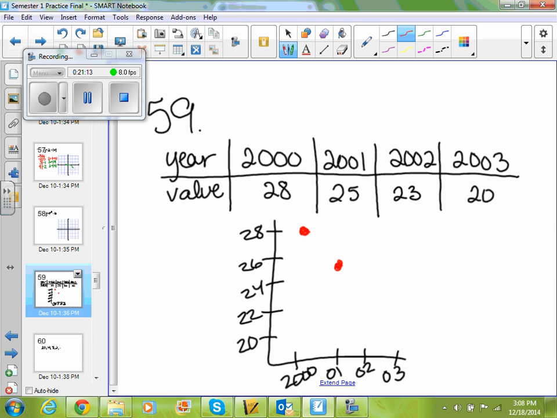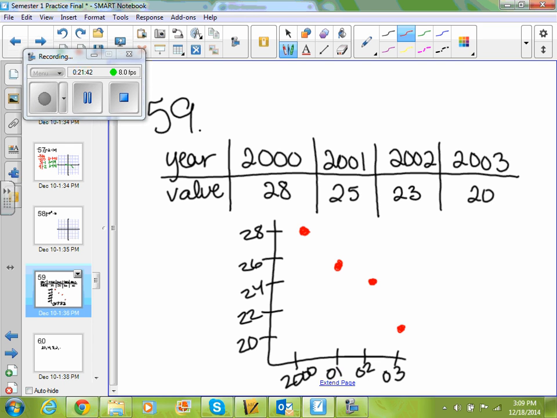For 2002, what's my value? 23. I need you to help me out with the next one, okay? 2003, what's my value from my graph? 20. Okay.